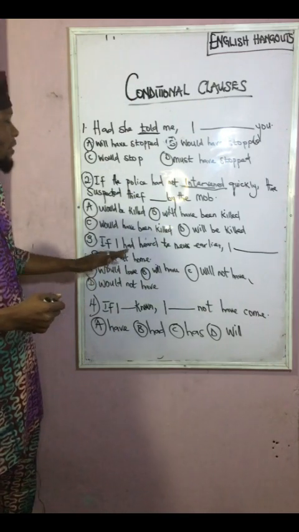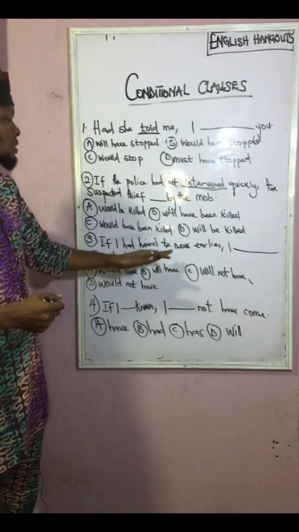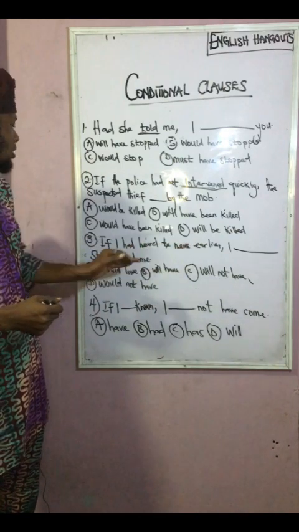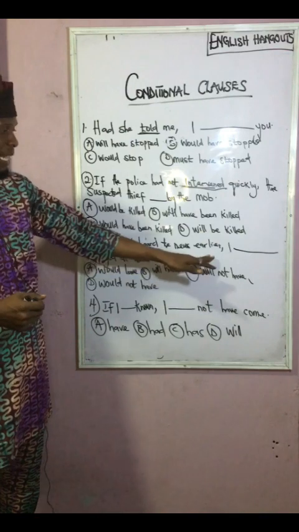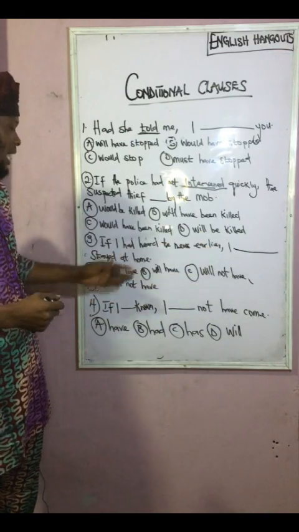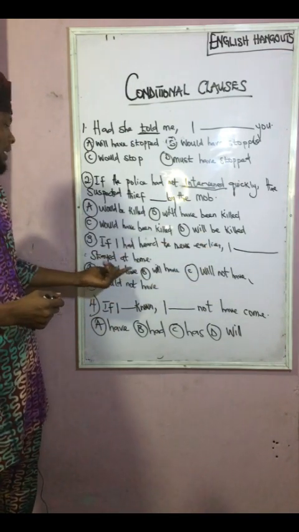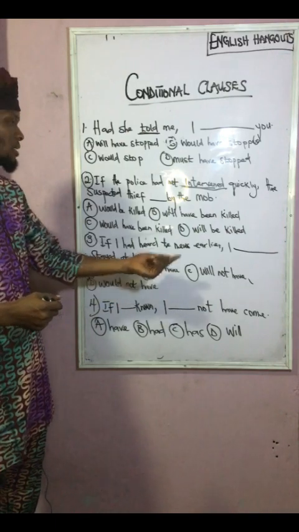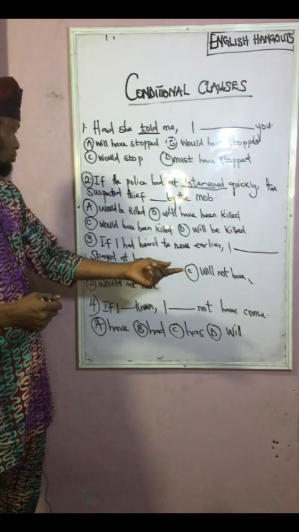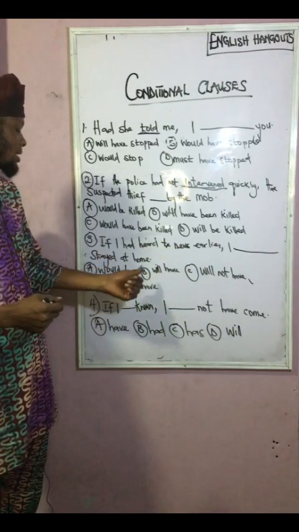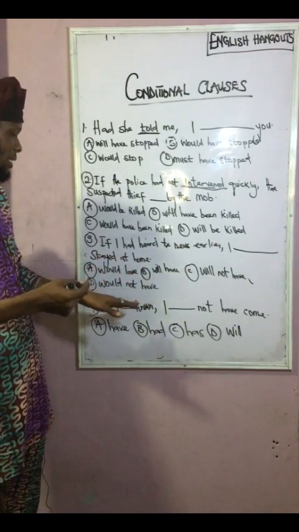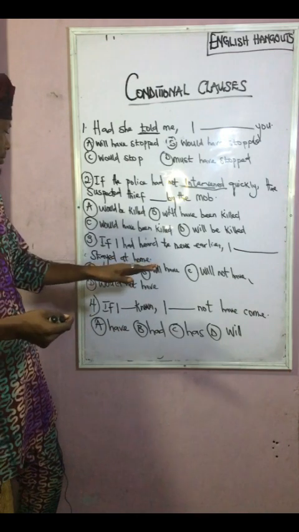Number 3. If I had heard the news earlier, I stayed at home. If I had heard the news earlier, I stayed at home. Would have stayed at home, will have stayed at home, will not have stayed at home, would not have stayed at home. I'll start with would have.